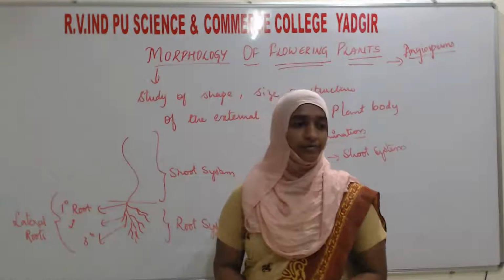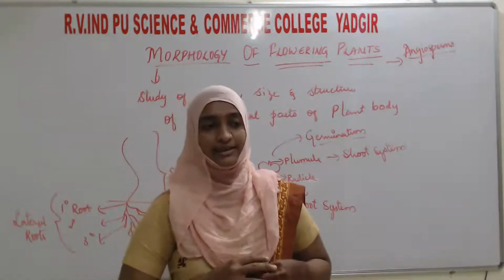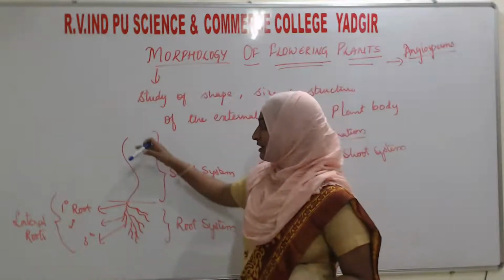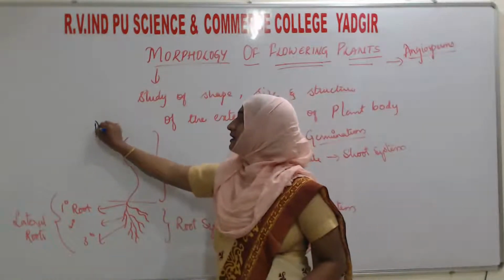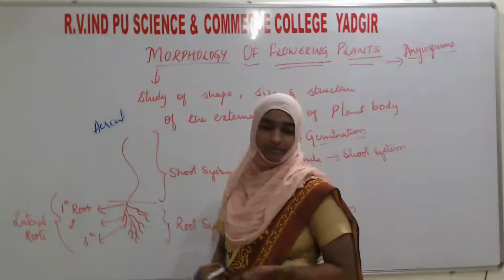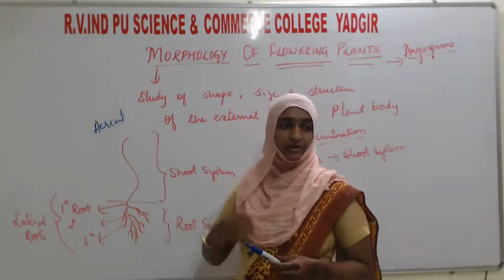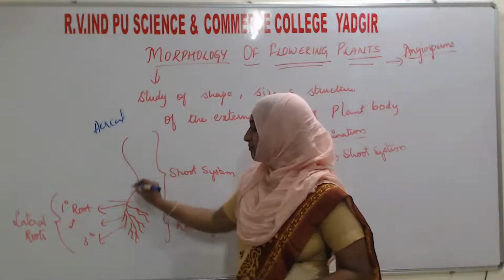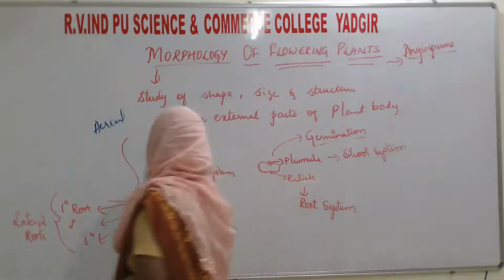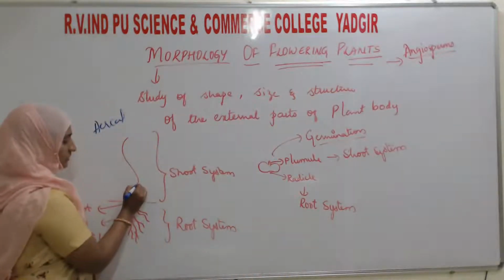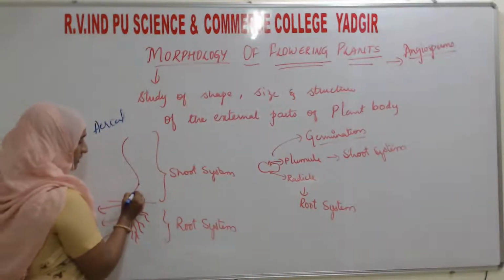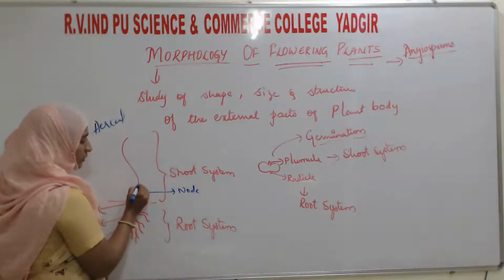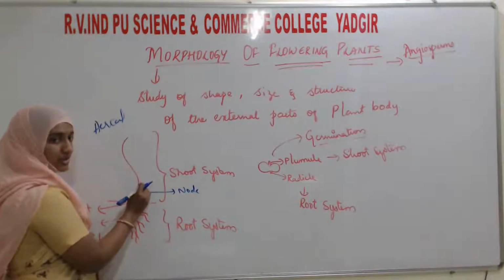Next, the shoot system, which is present in the aerial part of the plant body, in the air above the ground. First of all, this is a stem. Here there will be some nodes, and one node is located far away from another node.